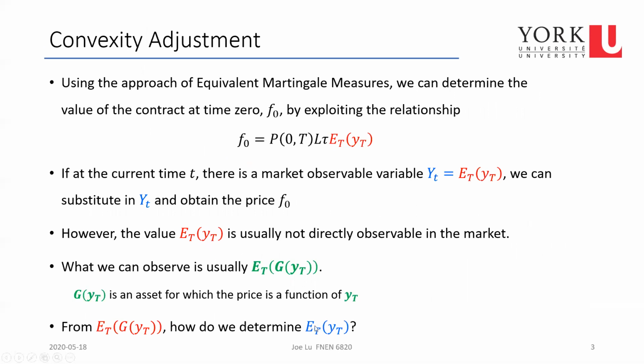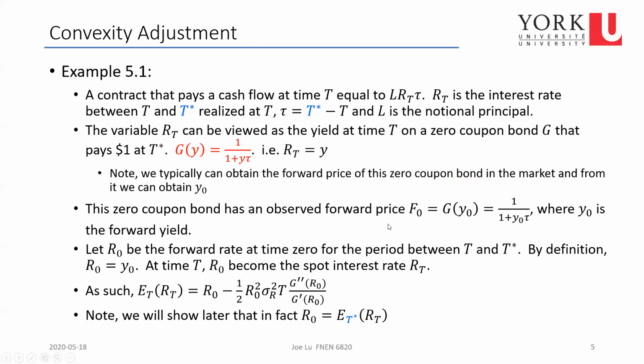So this expectation here is taken for a zero coupon bond that matures at big T. Whereas we show that this expectation is taken with a zero coupon bond that matures at T star.